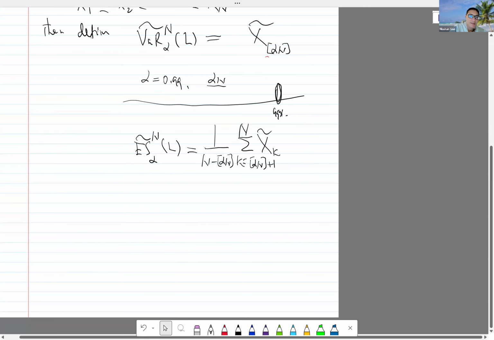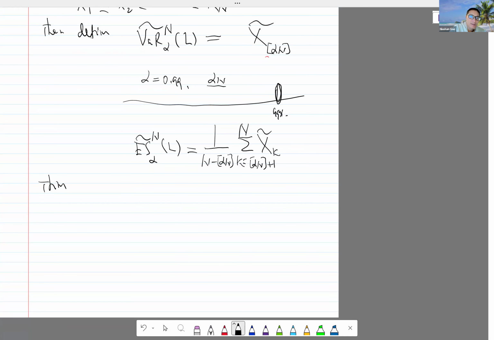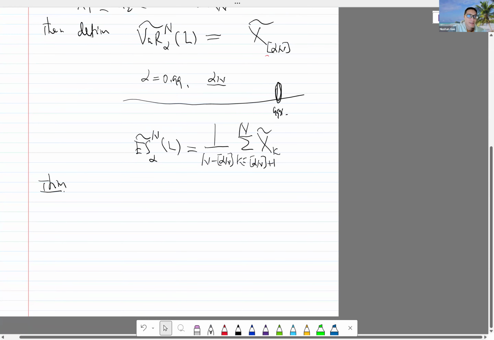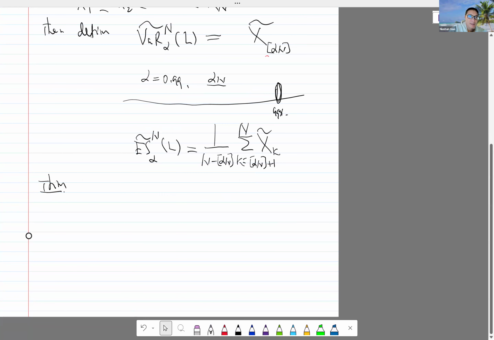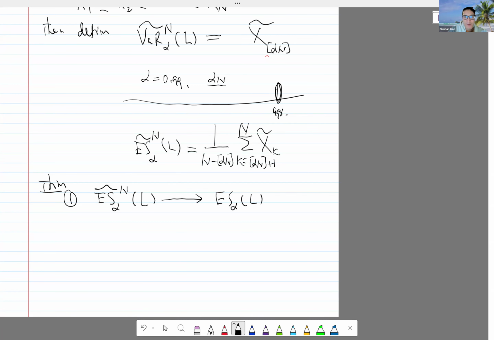Now the theorem says that, first of all, the estimation of expected shortfall has no problem. It always converges to the expected shortfall of L for any alpha between 0 and 1.